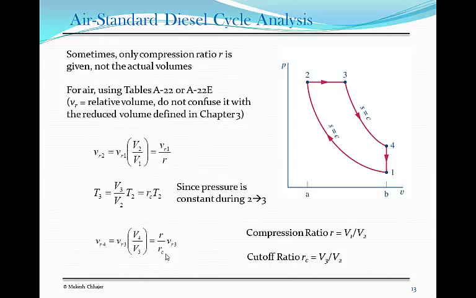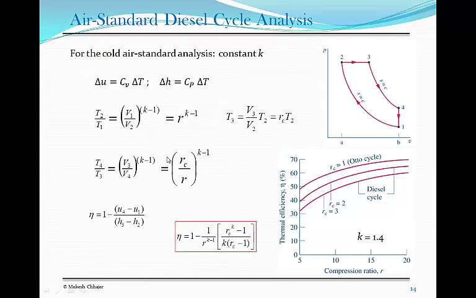So once we have this information, which relates volumes to relative volumes and the temperatures at two places in terms of this rc, we can go back and do an analysis for the cold air standard analysis, where the heat capacities are constant.